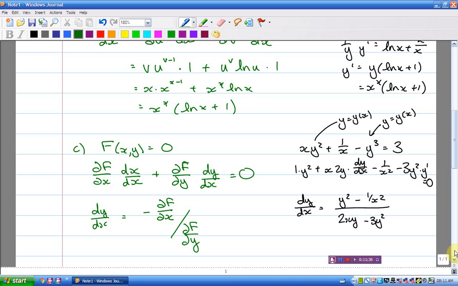It's for the sake of the chain rule notation. So for the sake of the audio, what's that dx by dx doing there? It's because of the chain rule, I'm wanting to differentiate with respect to x. But chain rule requires me to first differentiate with respect to the variables that are actually present in the expression, and then multiply by the derivative of those variables with respect to x.